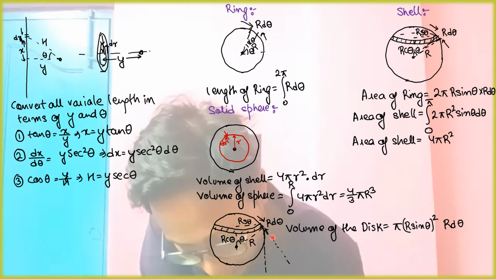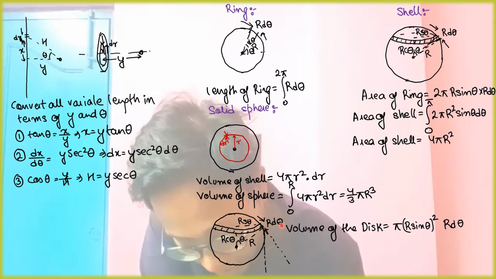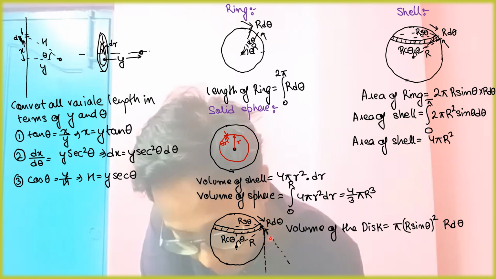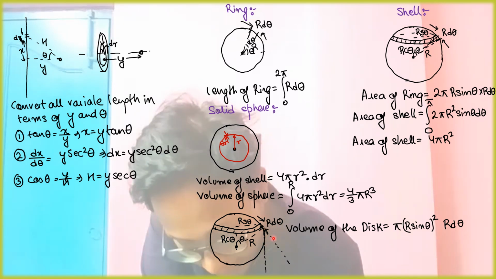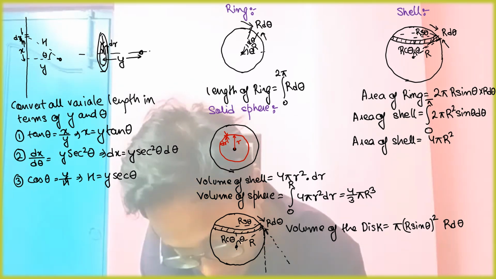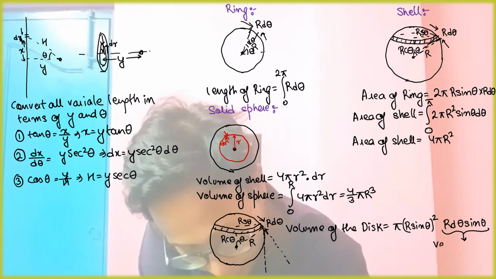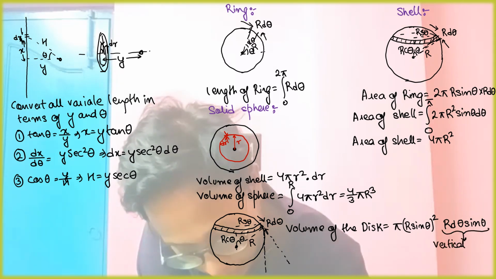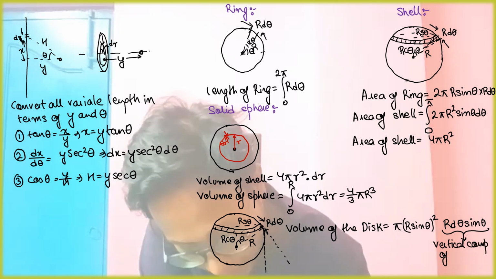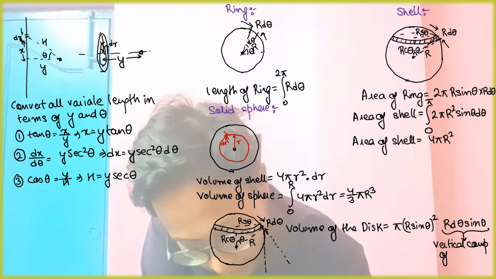So this is nothing but 90 minus theta. So r d theta cos (90 minus theta). Okay, so r d theta sine theta. So the height would be r d theta sine theta, or the vertical component of length.